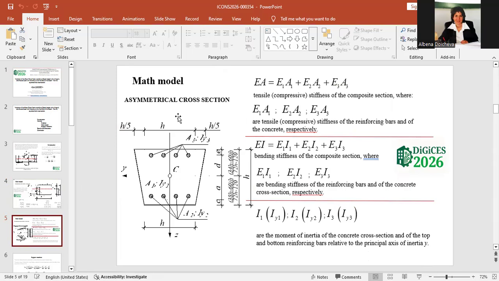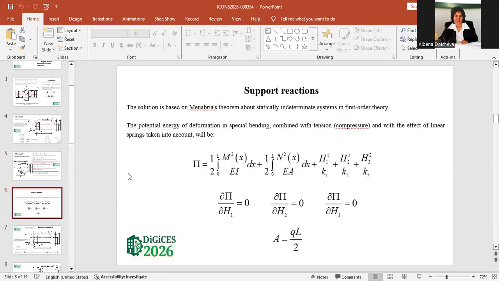The calculation of the tensile stiffness of the composite section and the bending stiffness of the composite section is given in this slide. The support reactions are calculated based on the Menabrea theorem about statically indeterminate systems in first order theory.